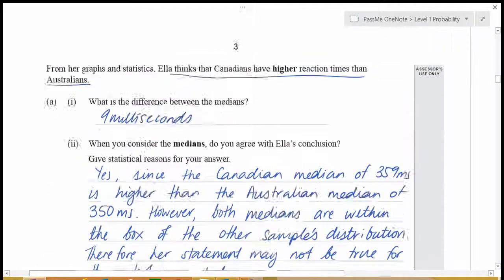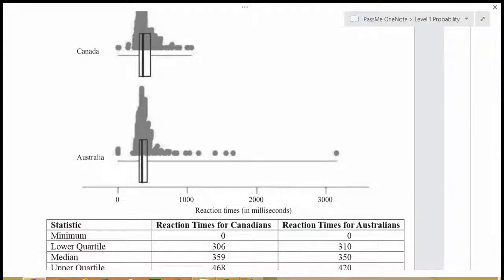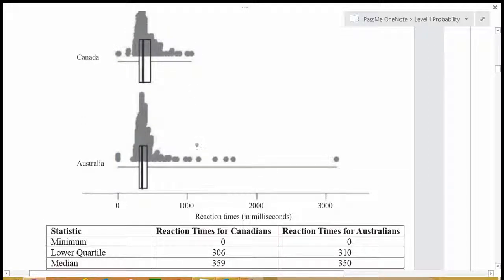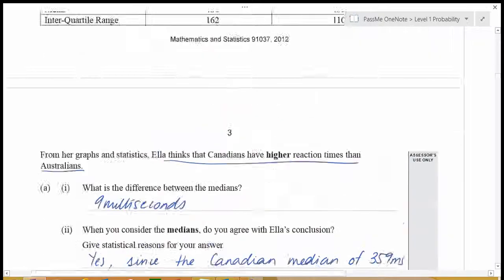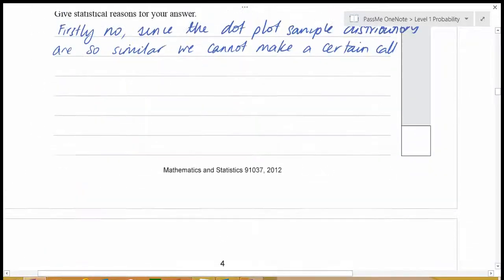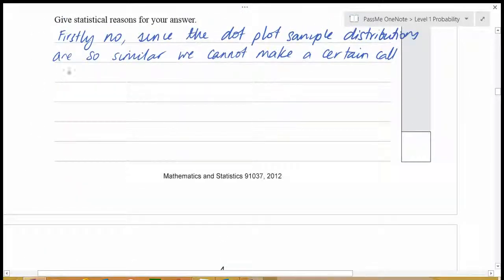Okay, what else can we say here? Well, let's look at the box and whisker plots. The box part of each is very similar, and the beginning values for each are very similar. Australia seems to have a bit more spread towards the higher reaction times. So what we can say is the box part of the box and whisker graphs is very similar.